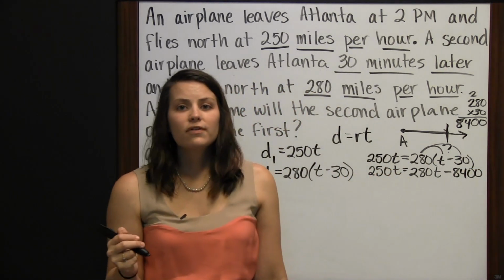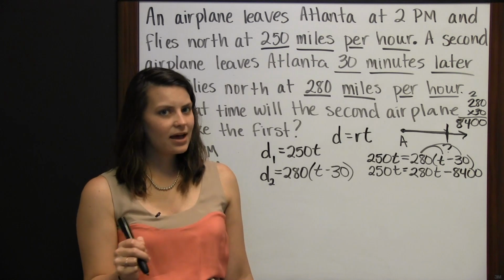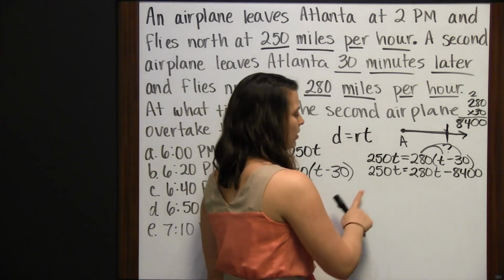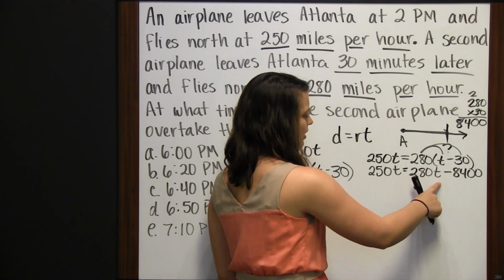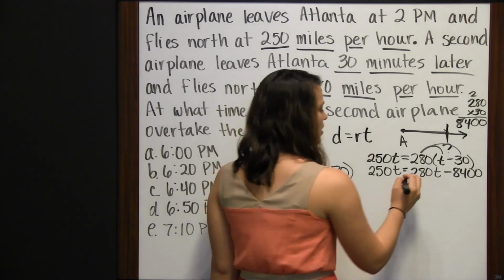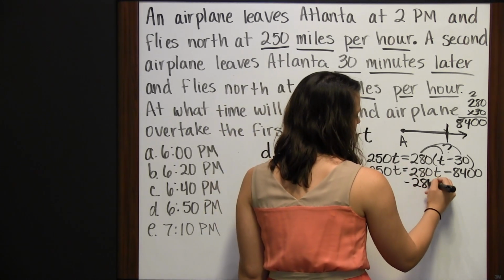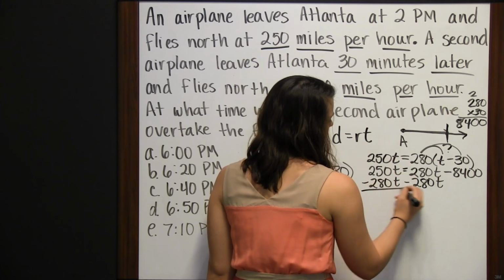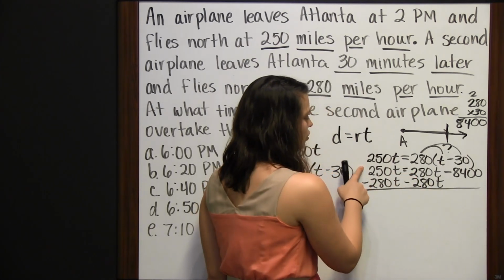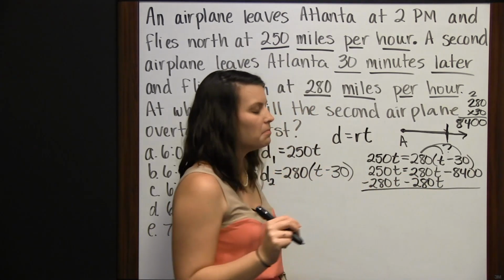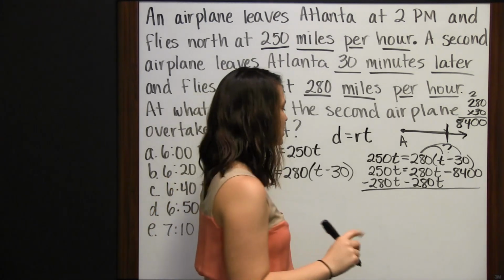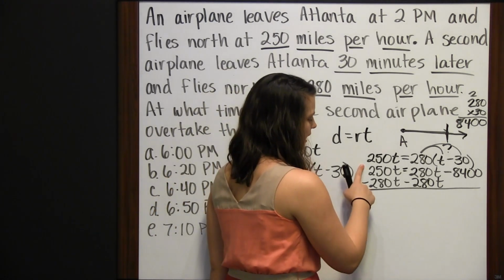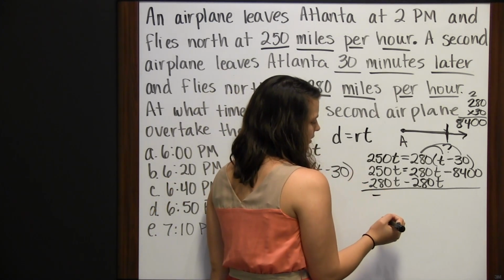Now we need to get all of our variables on the same side of the equation. We don't want to have t on the left side and t on the right side. So I'm going to subtract 280t from both sides. 250t minus 280t: I'm taking away more than I have, so I'm going to end up with a negative.